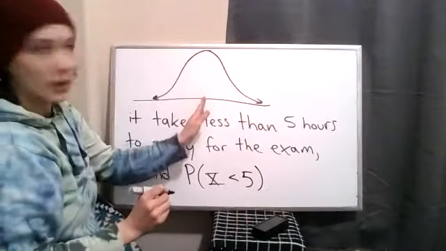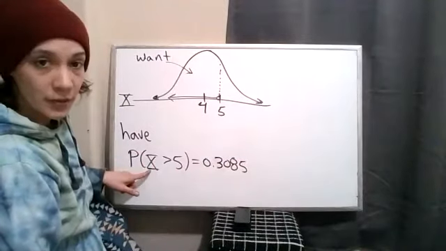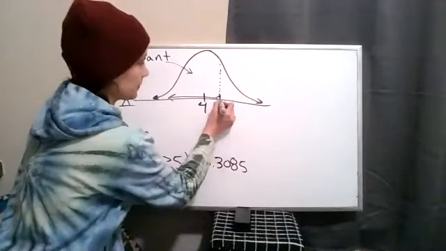The part we have is for the probability of x greater than 5. Okay, so here, the interval where x is greater than 5, like this. Greater than or equal to, either way, it doesn't matter.